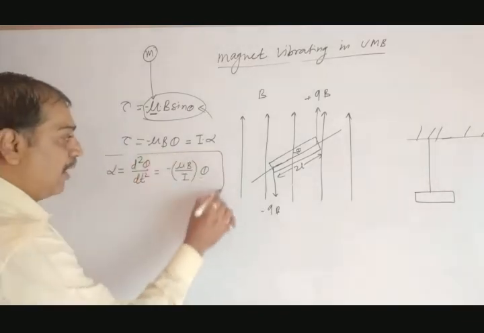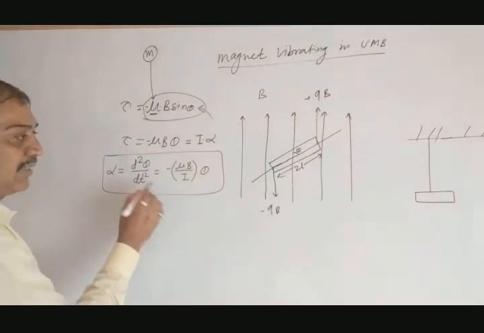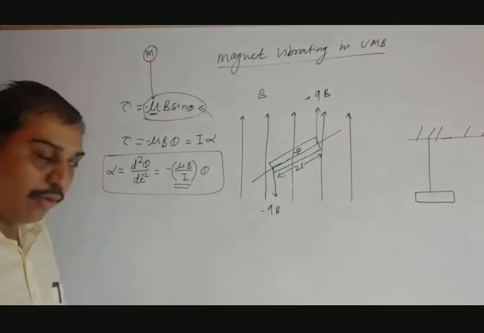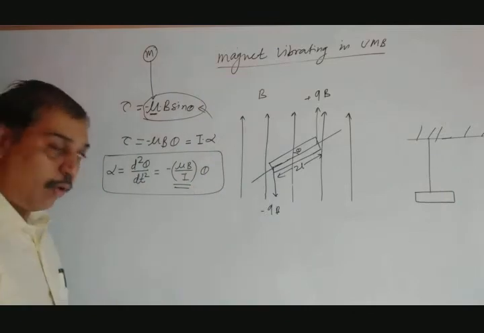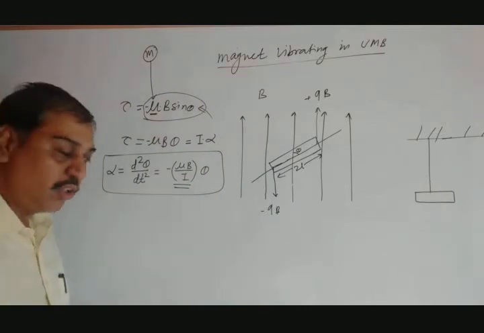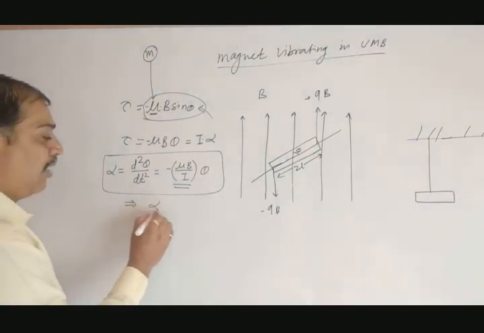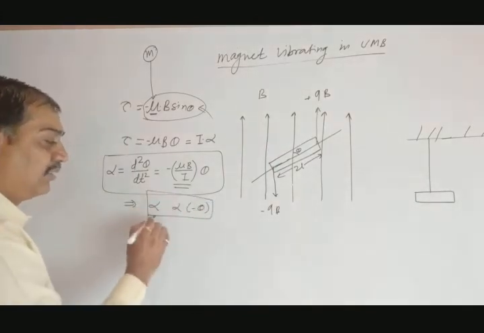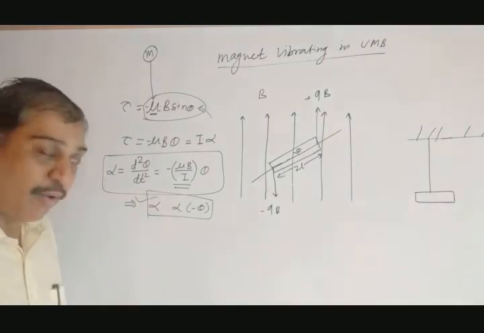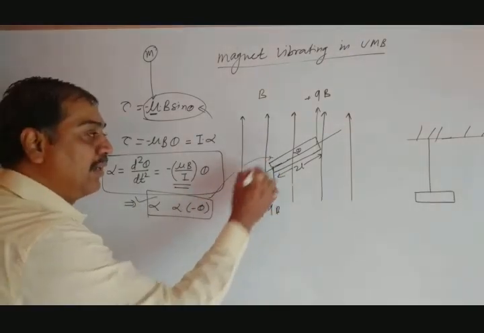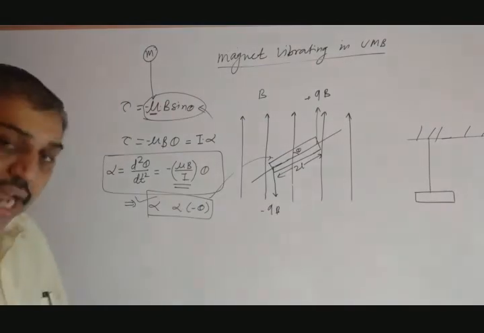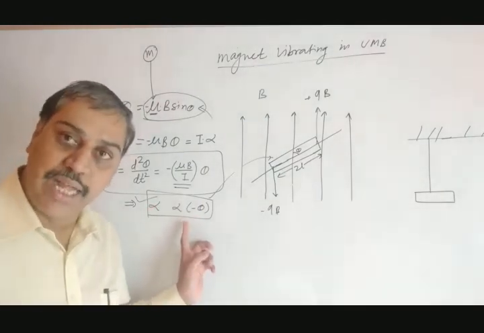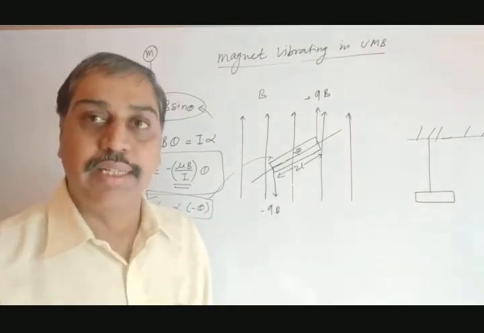This is the value of angular acceleration, and this bracket term is constant. Mu, the magnetic dipole moment, is constant. Magnetic field strength is constant. I, the moment of inertia, is constant. So alpha is directly proportional to minus theta. Hence this equation proves that the motion of the bar magnet is such that the angular acceleration is directly proportional to displacement, and the minus sign shows that they are in opposite directions.